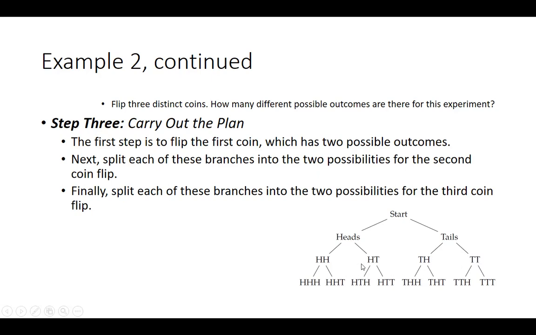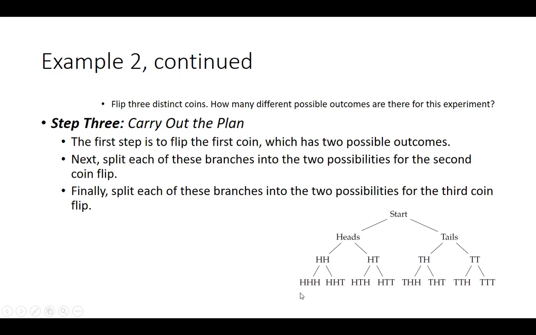Finally, we split each of these branches into the 2 possibilities for the third coin flip. So we end up with heads and tails for the third flip, and we have that for each of the 4 branches.